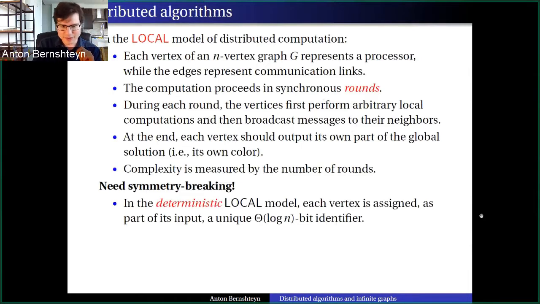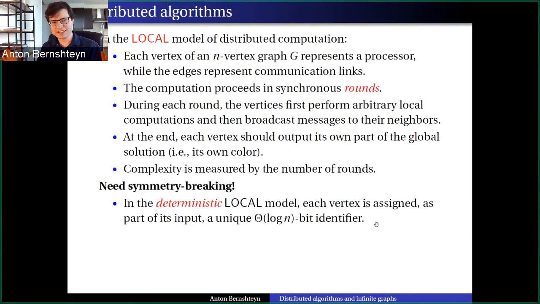There is something called the deterministic version of the LOCAL model. In this deterministic version, each vertex originally, from the beginning, is given an identifier, which is a sequence of logarithmically many bits. All of the sequences are guaranteed to be distinct from each other, which is possible, of course, because there are n vertices. And the algorithm has to work regardless of what the assignment of identifiers is.